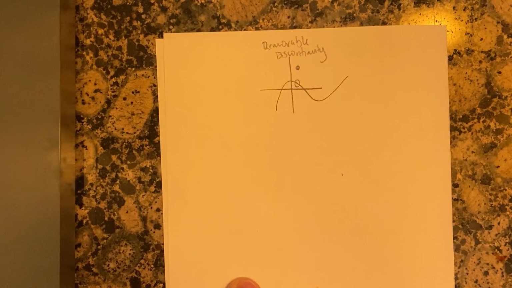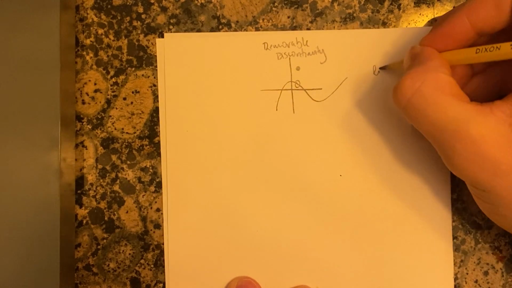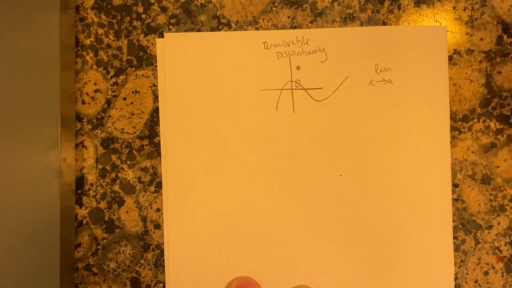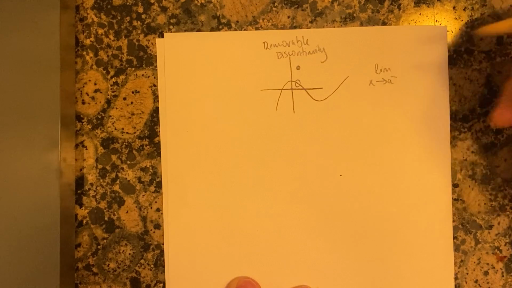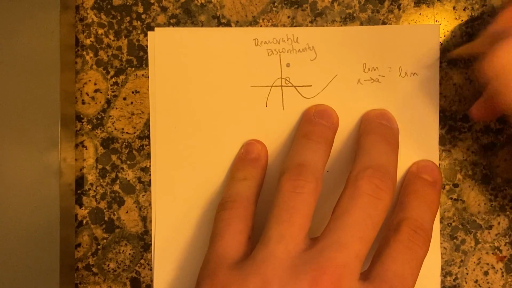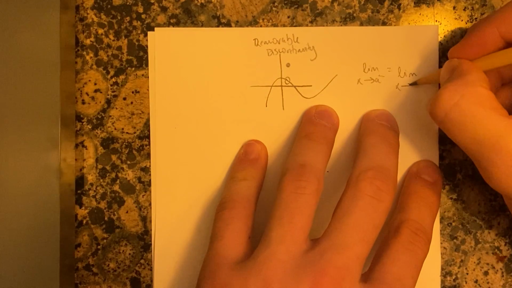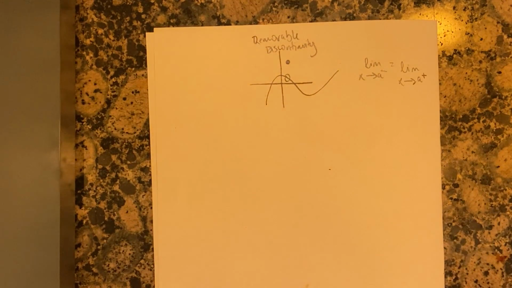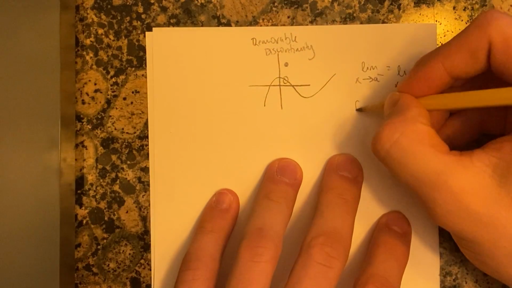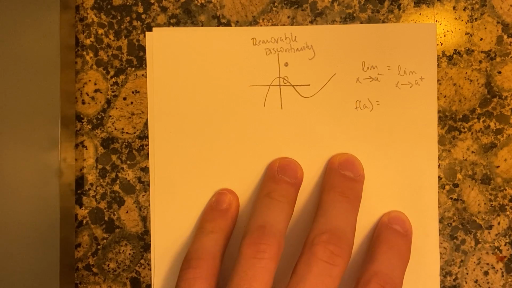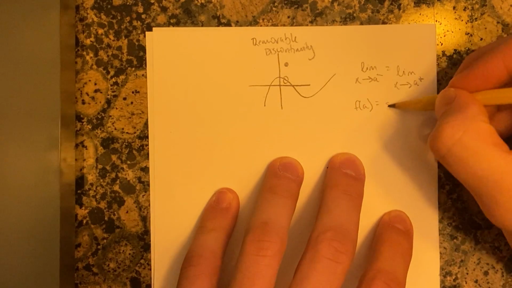And so we can determine removable discontinuity when the limit as x approaches a number, we'll call it a for now, from the left is equal to the limit as x approaches a from the right. However, when we find f of a, we find that this is equal to another value, something different.